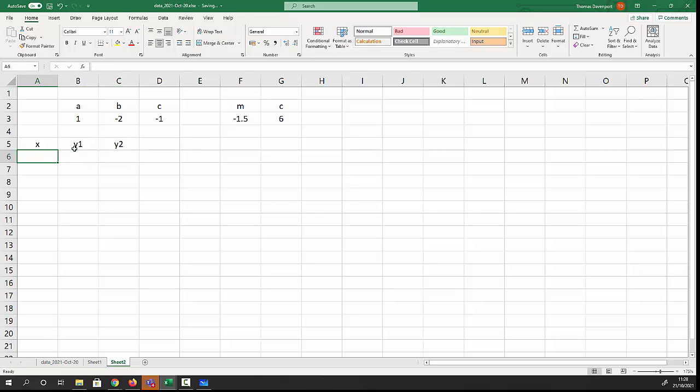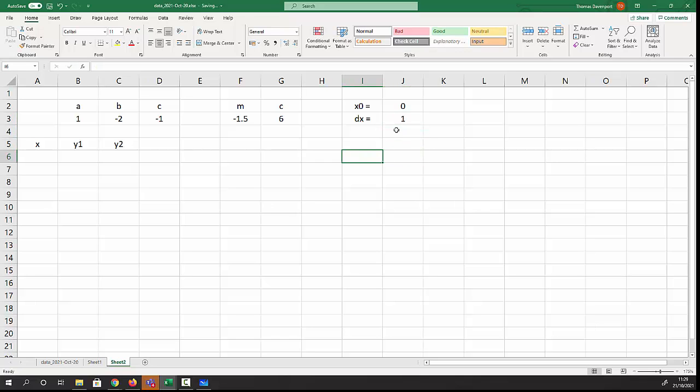So the x value, I need an x start and a dx. So x0 is going to equal 0 to start with, and dx, which is my change in x, I'll put as 1 for now.